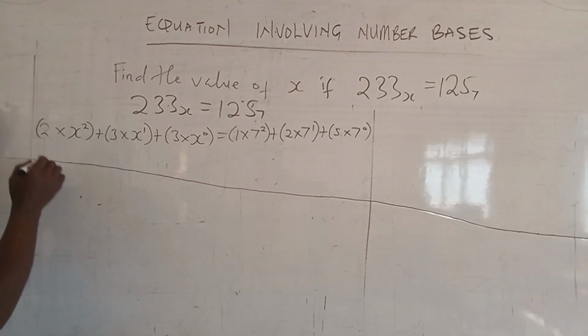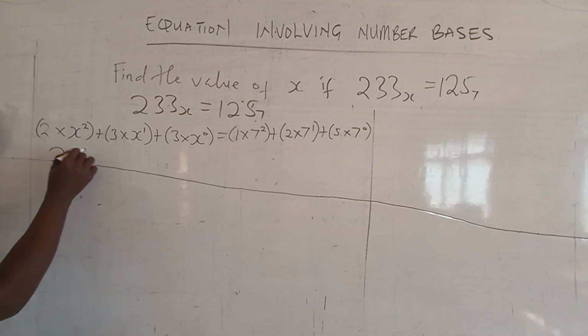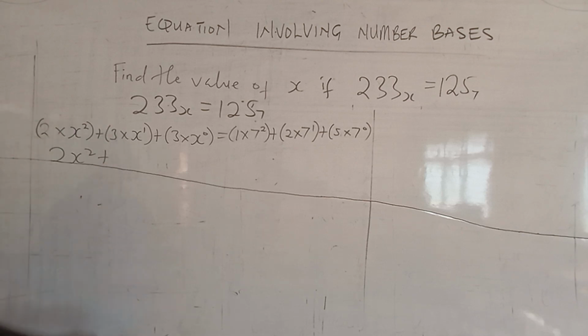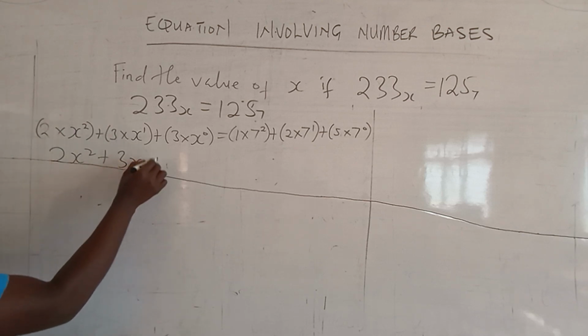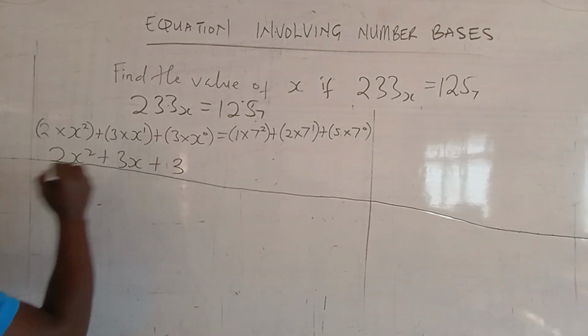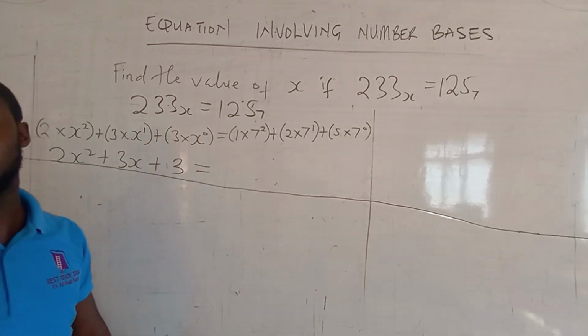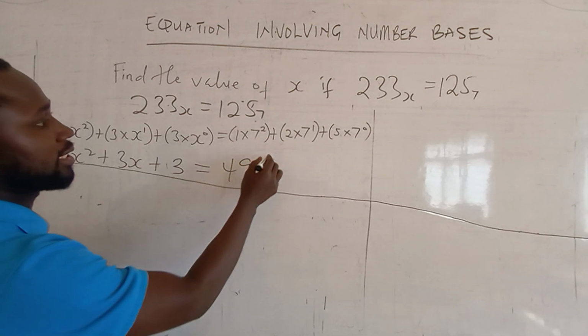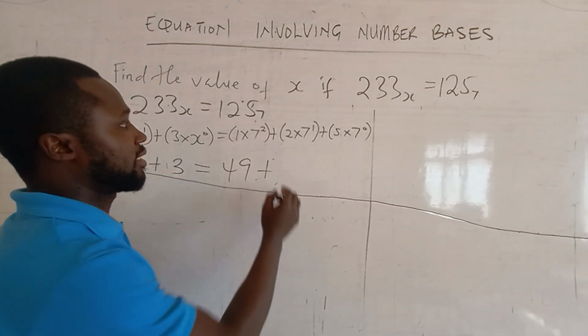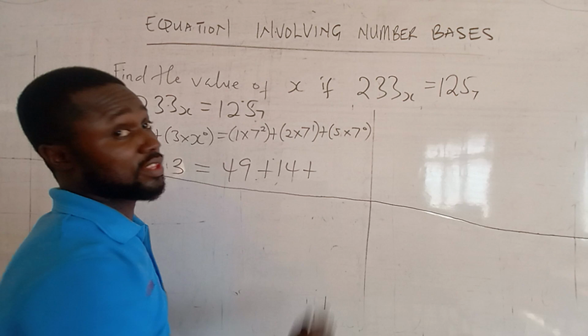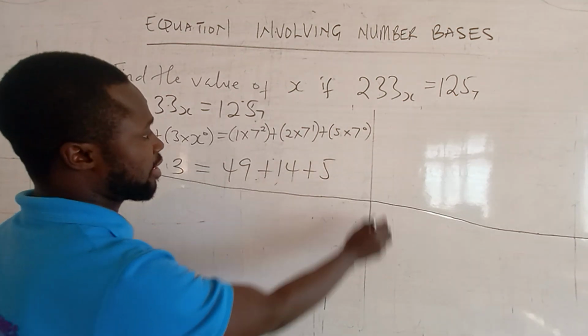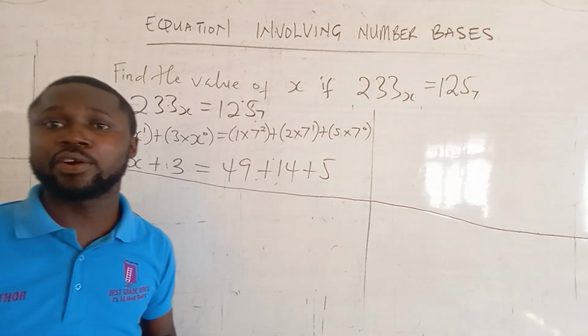So this one will give us 2 times x squared, 2x squared, plus 3 times x exponent 1 will give us 3x, 3 times x exponent 0 will give us 3. Equal to 1 times 7 squared, 49, plus 2 times 7 exponent 1 will give us 14, plus 5 times 7 exponent 0 will give us 5. Any number to the exponent 0 is 1.